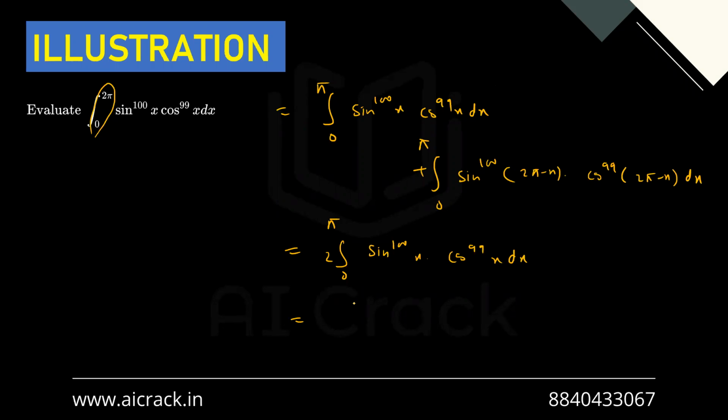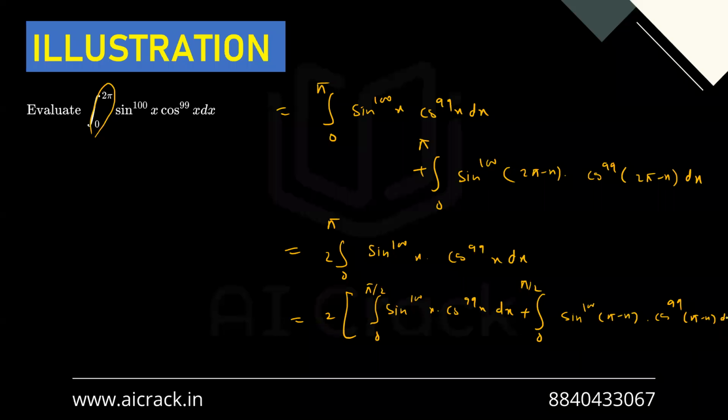That would give me 2 times integral 0 to pi by 2 sine 100x dot cos 99x dx plus integral 0 to pi by 2 sine 100 (pi minus x) dot cos 99 (pi minus x) dx, right?